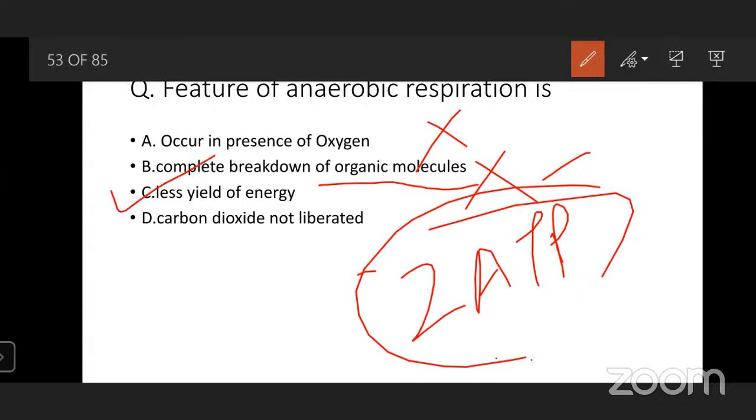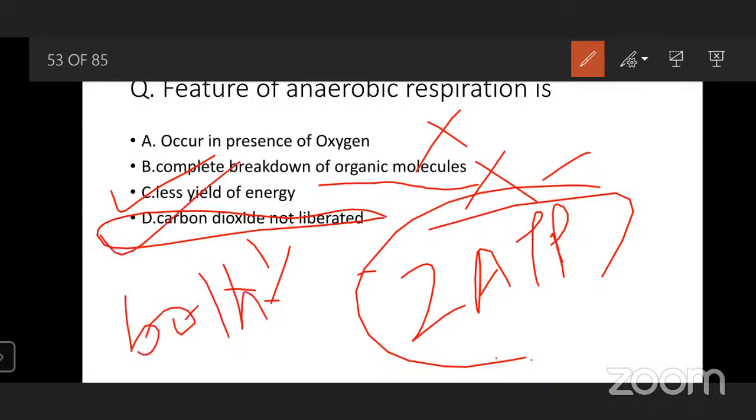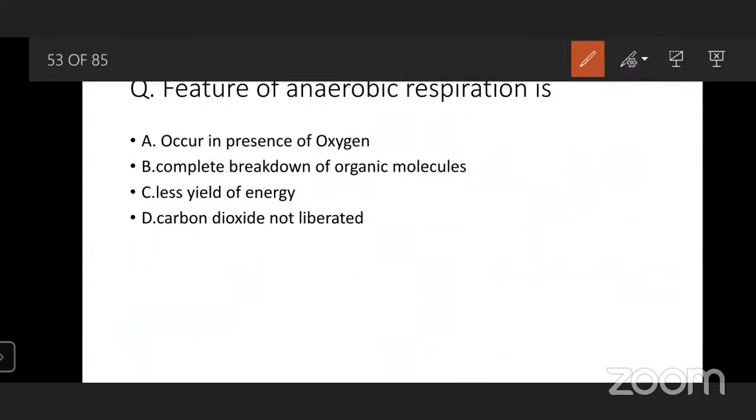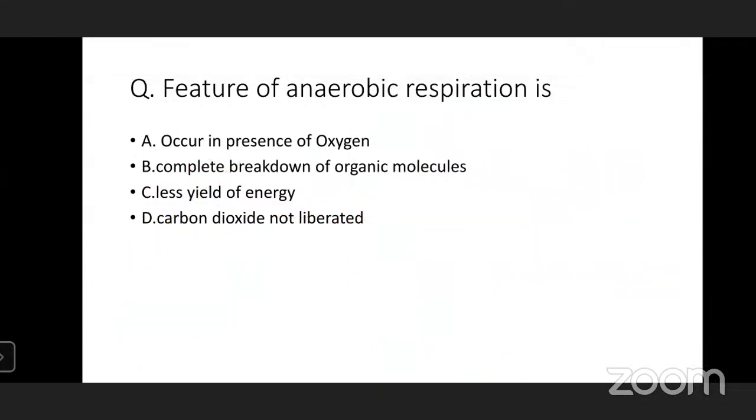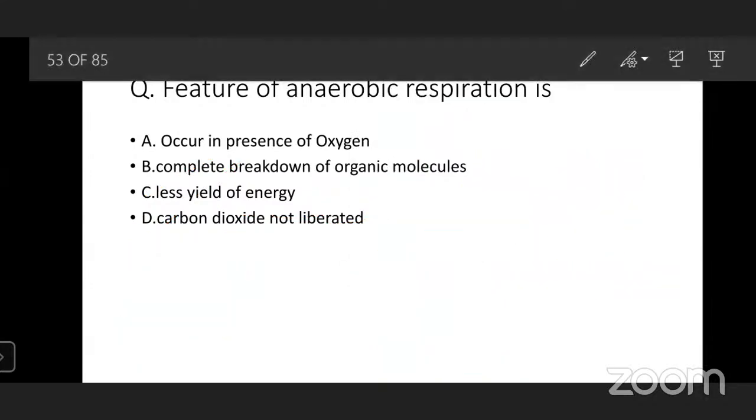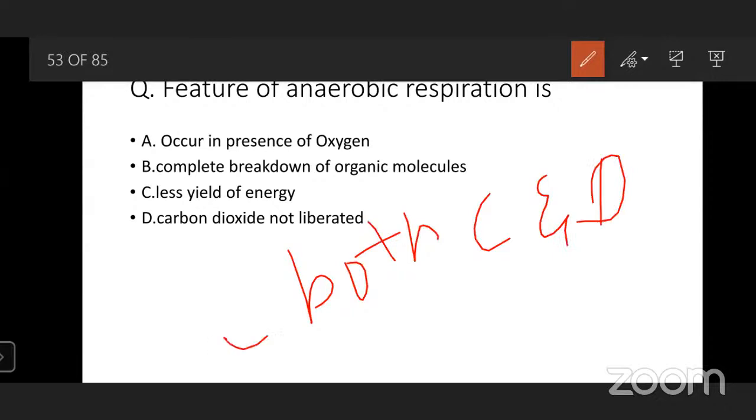And carbon dioxide is not liberated in the process of anaerobic respiration. So these two are correct statements. Both C and D are the correct statements.